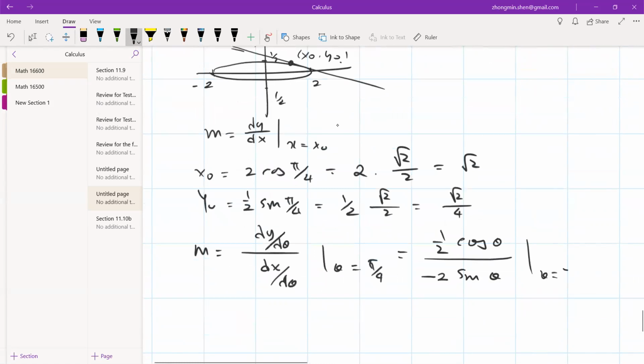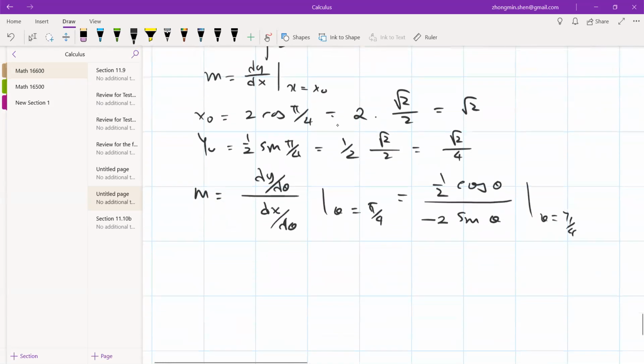At theta equals pi over 4, sine theta equals cosine theta, so that cancels out.